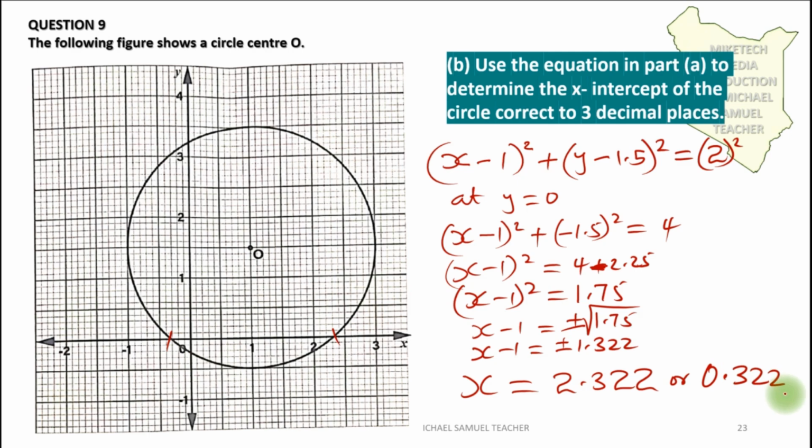So those are the values, and if you see from the graph, actually they concur. So this will be 0.32 something. It has not reached 0.4. Therefore the other one is 2.3 with some decimal. So that is it for question 9.